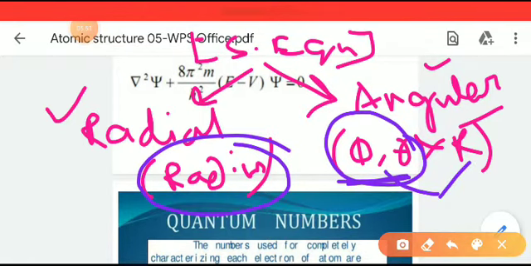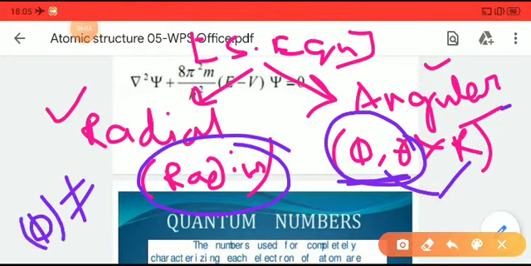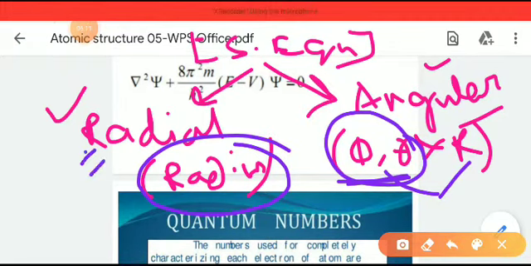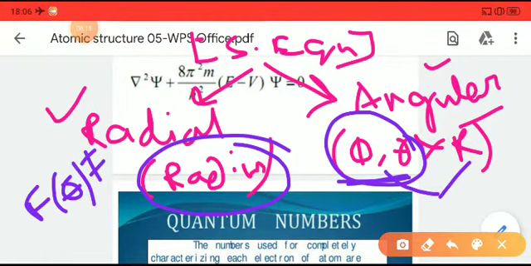So the radial part is independent of theta and phi, it is not dependent on theta and phi, but the angular part depends on theta and phi, that is, the angles.